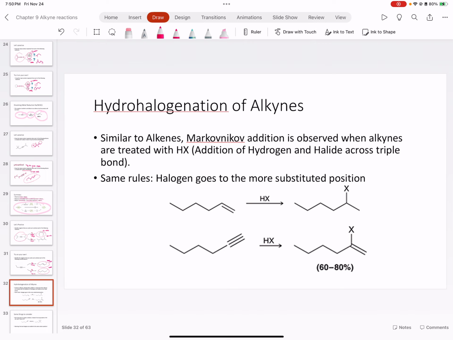Okay, hydrohalogenation of alkynes. Similar to alkenes, Markovnikov addition is observed when alkynes are treated with HX, addition of hydrogen and halide across a triple bond. The same rules: the halogen goes to the more substituted position.